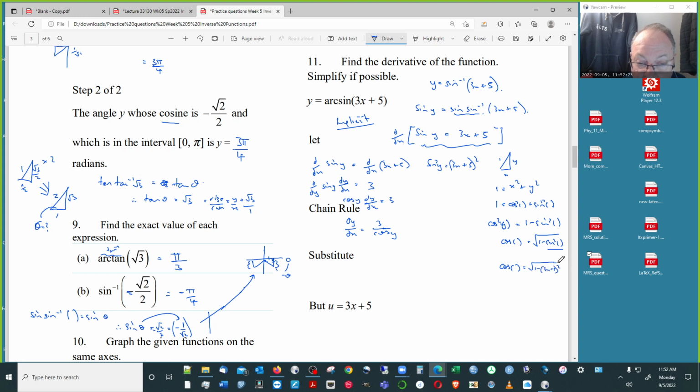Now this is a harder version, but doing this technique, I haven't changed anything in the 6 or 7 times I've done it with you, and it just works as far as I'm concerned. Okay, so now we can stick a y in there, and so we've got 3 over the square root of 1 minus (3x plus 5) squared.